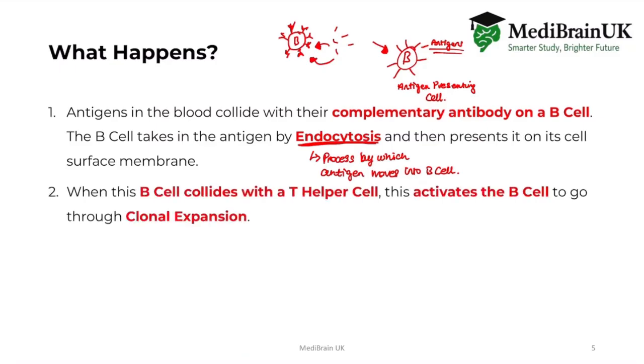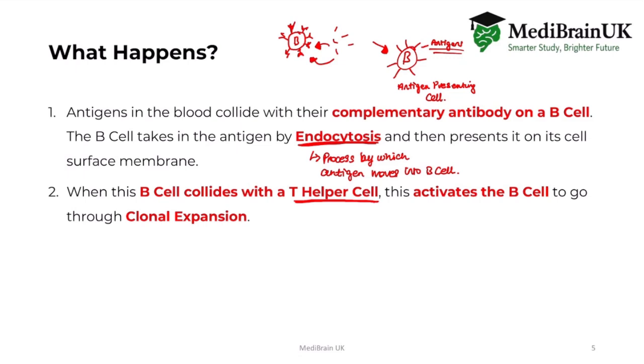Now, this B cell, which is an antigen presenting cell now, will combine with a T helper cell, and that T helper cell will activate this B cell. Just like the phagocyte presented the antigens on its surface, and was then activated by the T helper cells, which bound to the antigen presenting cell, over here the B cell takes in the antigen, presents it on its surface, and then it is activated by a T helper cell as well.